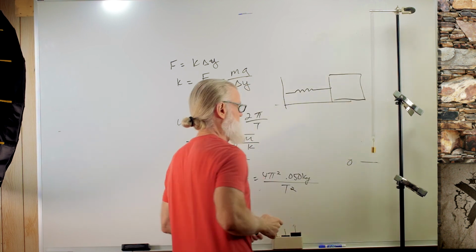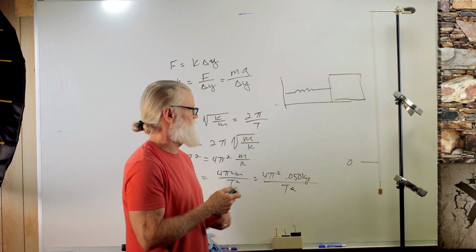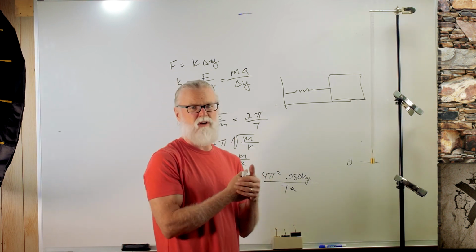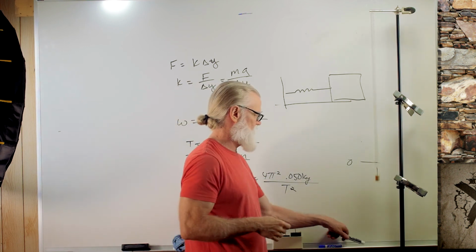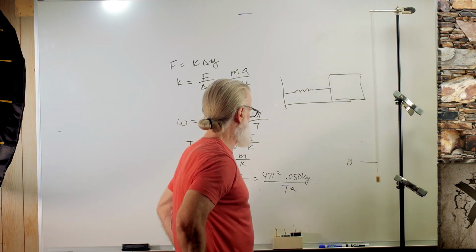And that makes our lives a lot easier than trying to include gravity, especially with energy, where we would have to include gravitational potential energy along with spring potential energy, and that would be a pain in the neck. So we don't want to do that. So there you go. Horizontal oscillator.